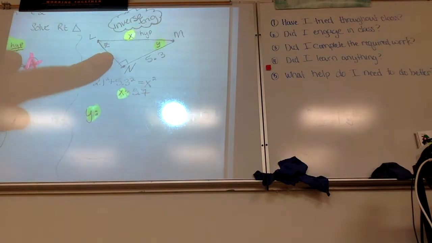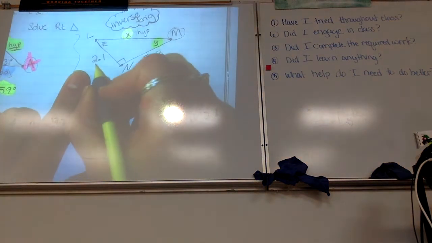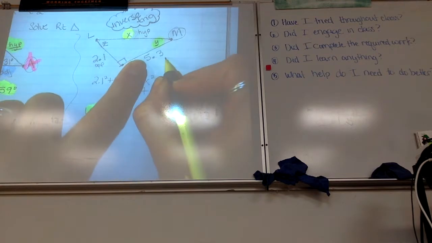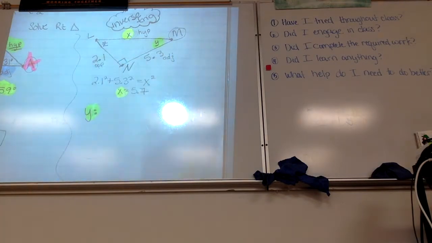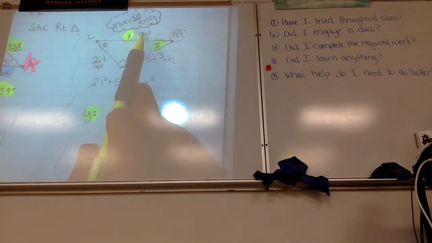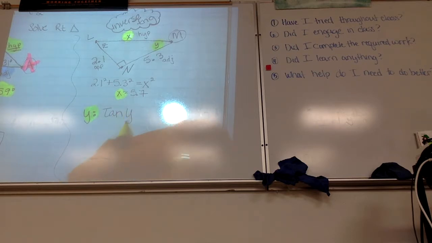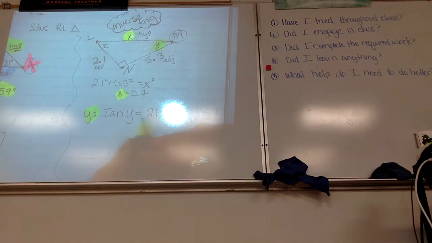Opposite or adjacent? Again, I'm standing at y. So this will be opposite. And 5.3 is adjacent. Which trig function do I use then for opposite adjacent? Is the hypotenuse included? No. So tangent, good. So tan of y equals 2.1 over 5.3.